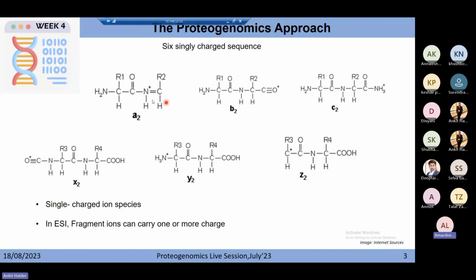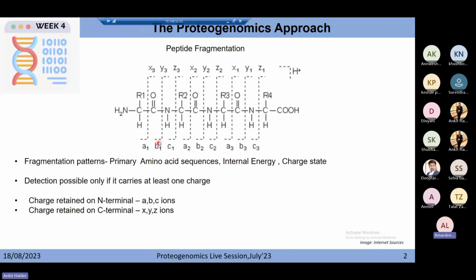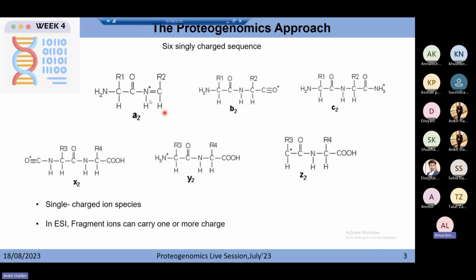So these are the ions we mentioned: a ion, b ion, c ion, and x, y, z ions. Let's see how a singly charged ion looks when it is fragmented. For example, this is how an a ion looks when it is fragmented, with the charge at the N terminal.